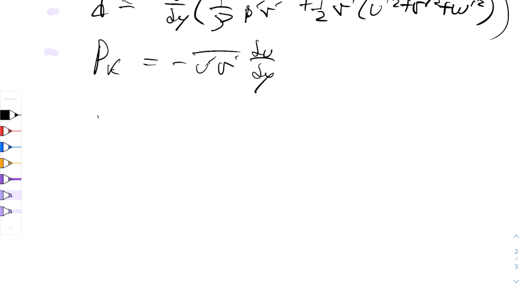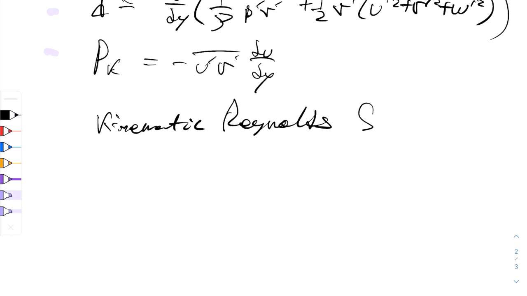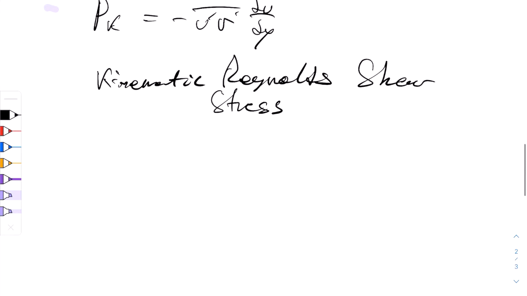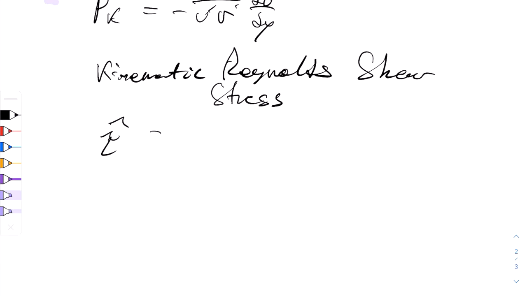We will define the kinematic Reynolds shear stress. This will be nothing but tau hat equals tau over rho, and of course if you take tau divided by rho, we'll be left with the negative of the component of Reynolds stress.